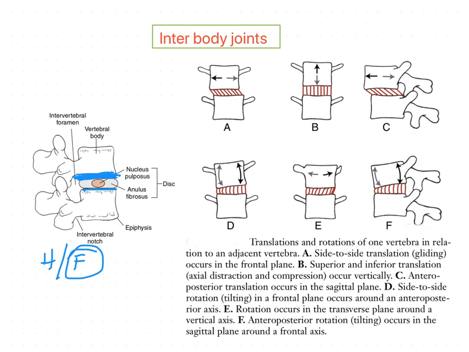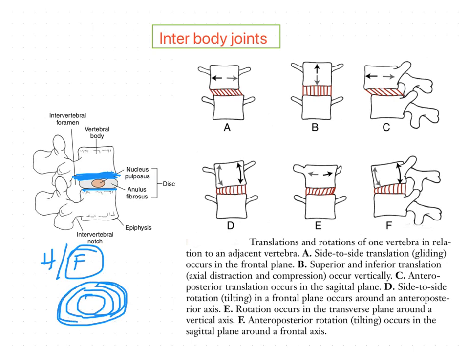As we know from the composition of the intervertebral disc, we have a centrally located nucleus pulposus, and around it another part called the annulus fibrosus, arranged in layers.